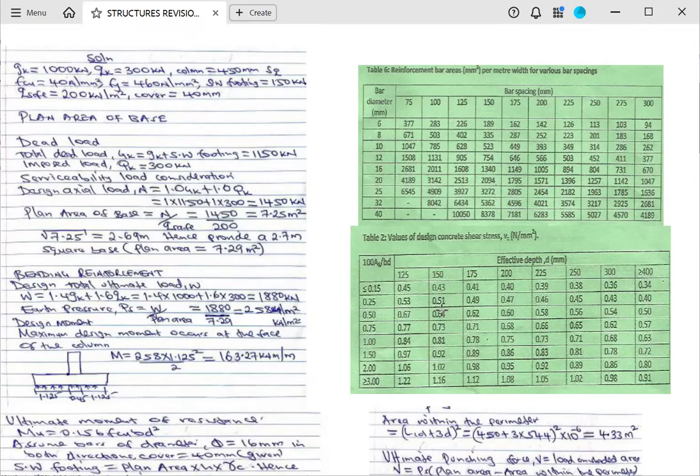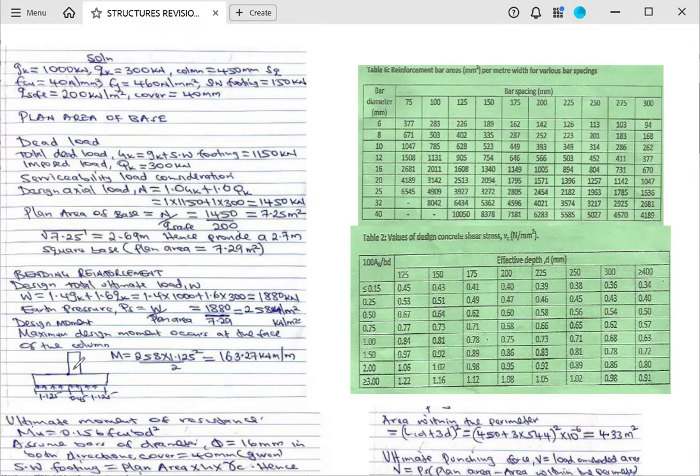Something to let you know is we normally make an assumption the earth pressure is acting upward, pushing the footing upward. Now, the ultimate moment, the design moment here, will have a maximum value at the face of the column.